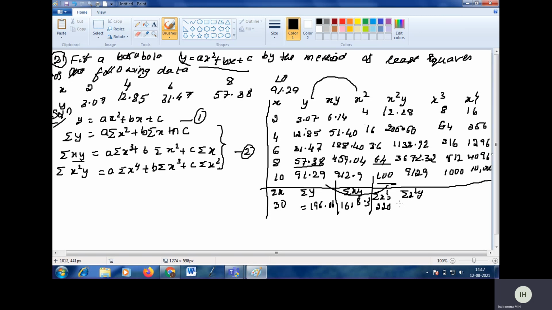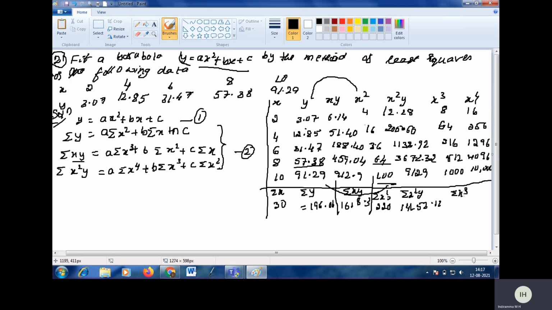Sum of the x square y column. You will get 14,152.12.